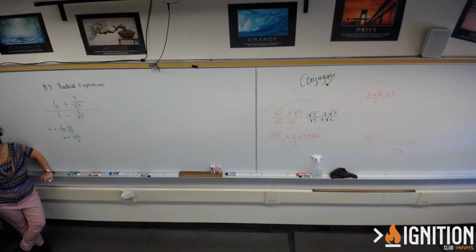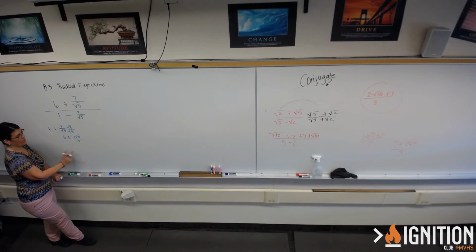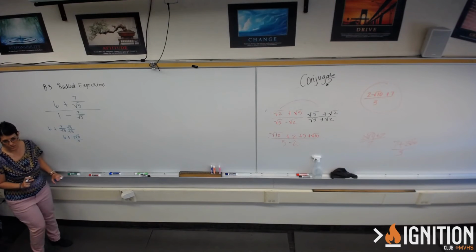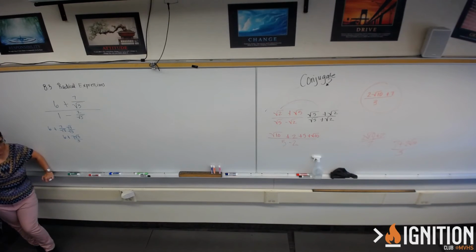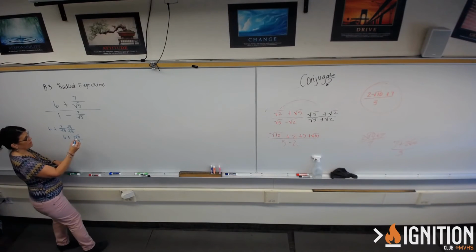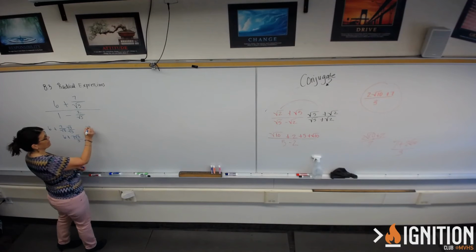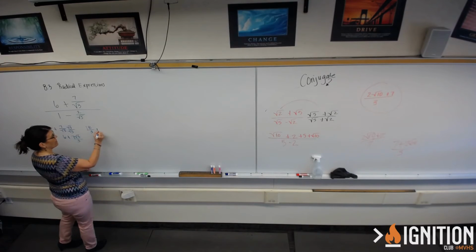Okay, I don't like this. It's not wrong, but eh. So what should I do with the 6? Any ideas what I should do with the 6 so that I can combine these? Well, multiply by 3. Okay, so what is that? 18 thirds. So this is 18/3 plus 7 root 3 over 3.